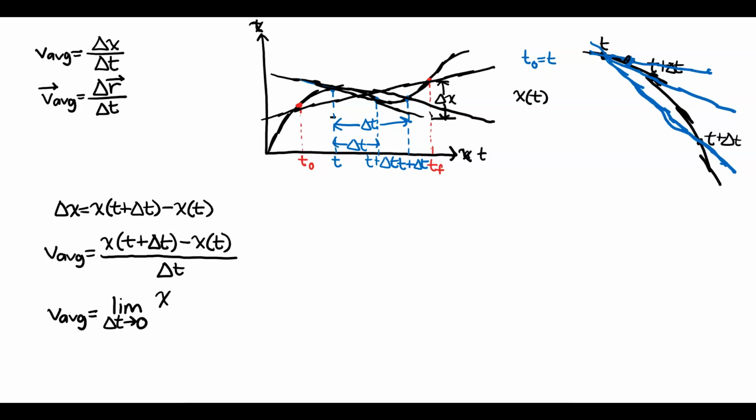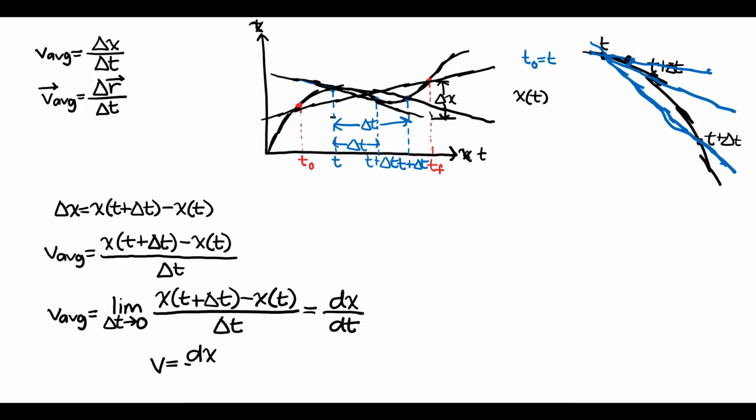But as we approach 0, this quantity starts to approach the value of the instantaneous velocity, and this is known as a derivative. So the instantaneous velocity is equal to the derivative of the position with respect to time. In other words, it is the slope of the tangent line at that point.